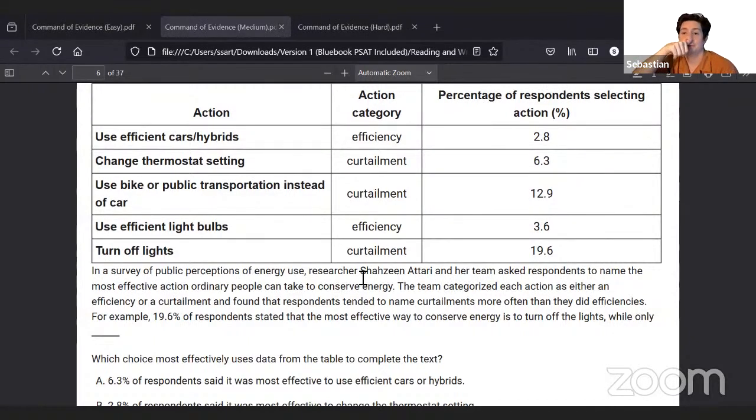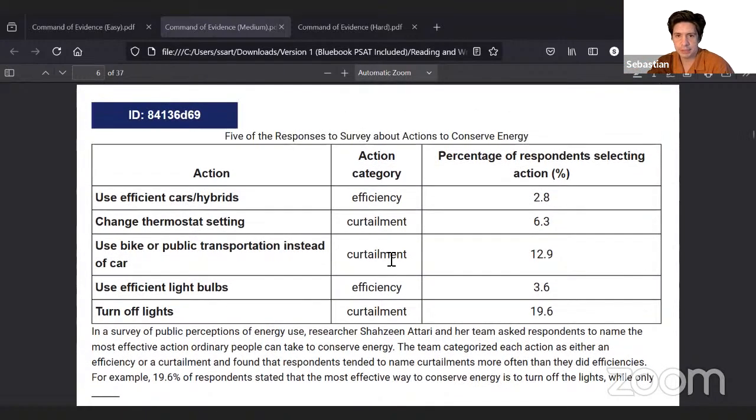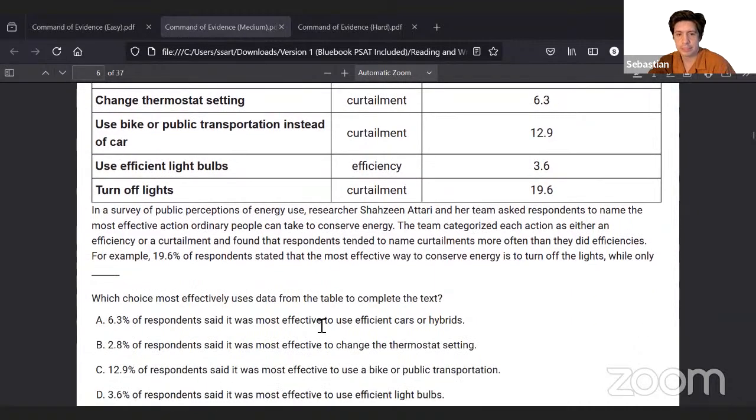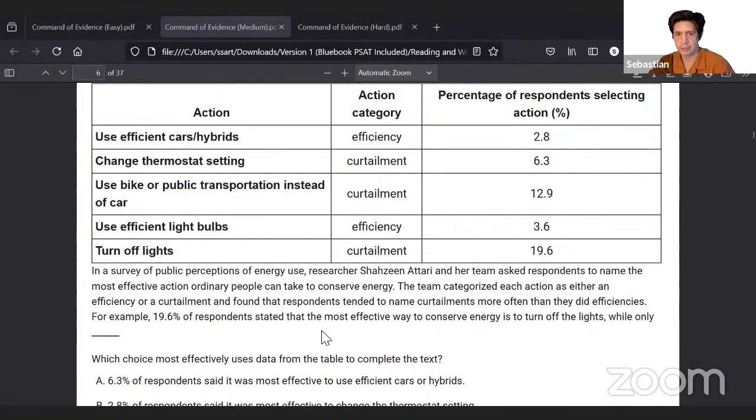For example, 19.6% of respondents stated that the most effective way to conserve energy is to turn off the lights, while only blank. So that's a curtailment. And we're looking for efficiency, right? 6.3% of respondents said it was most effective to use efficient cars or hybrids.